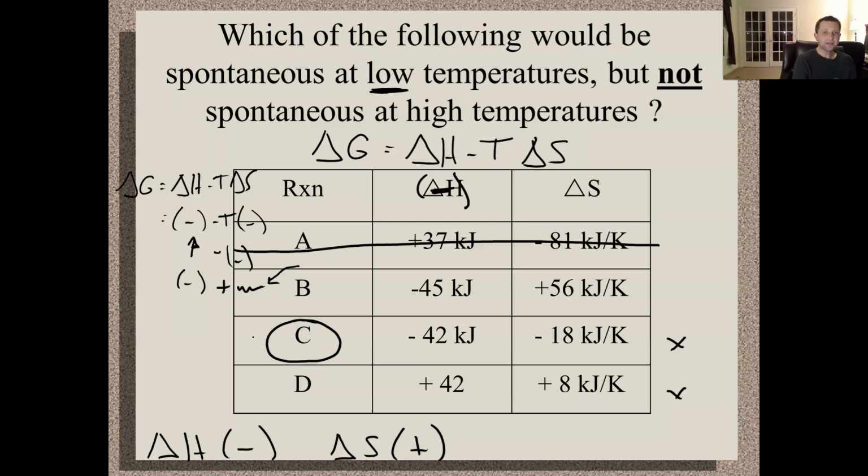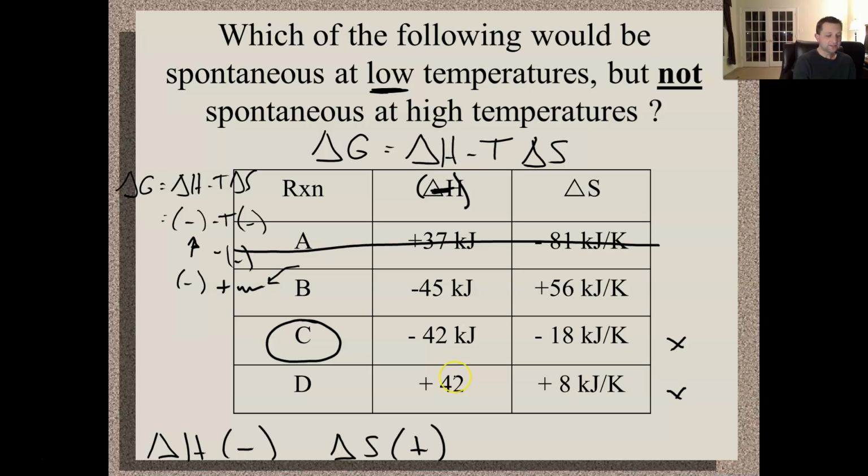If we had a high temperature here, if that T value is really high, then it's going to make this squiggle here a really, really big number, okay? So you'll have a negative plus a big number, and that'll give you a positive delta G value, okay?